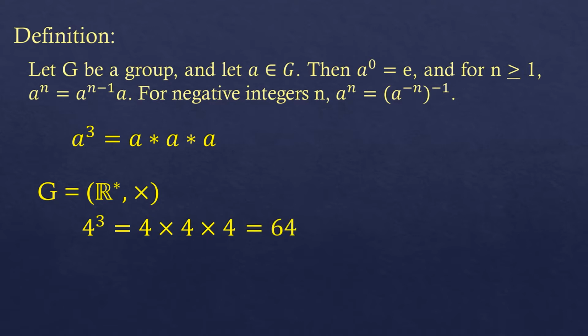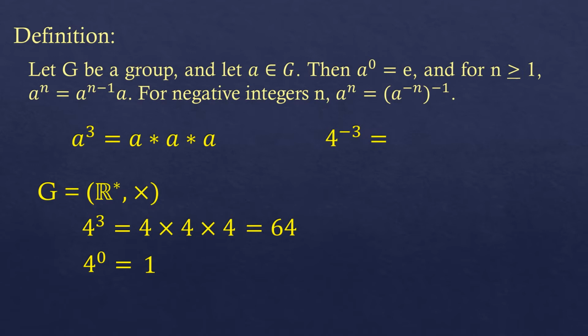So 4 cubed under multiplication is different from the previous example, which was addition. And 4 to the power of 0 is equal to the identity element, which is based on the multiplication operation. The identity element must be 1, because any number multiplied by 1 is just itself.